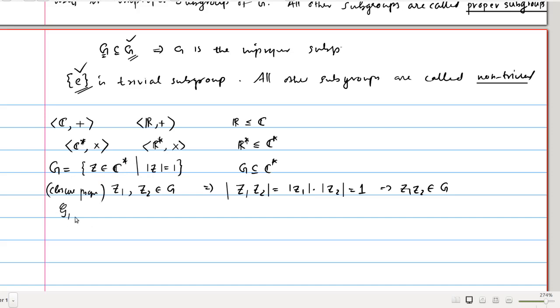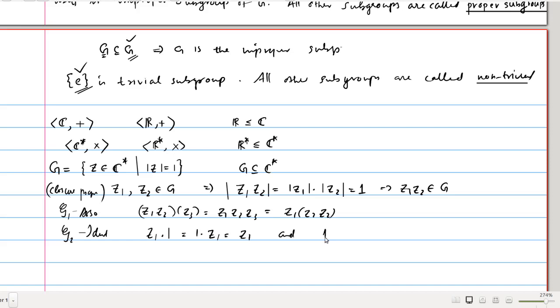Now you can evaluate the first axiom, the associativity: z1 z2 into z3 is the same as z1 into z2 z3. Because these are all complex numbers, we can write it this way. So this proves the associativity, the first axiom. For the second axiom we have the identity element. This is z1 into 1, which is equal to 1 into z1, which is equal to z1 itself, and we know that 1 belongs to G because modulus of 1 is 1 itself.